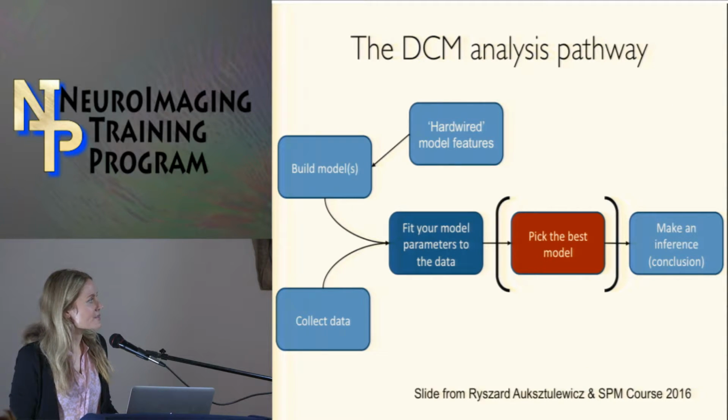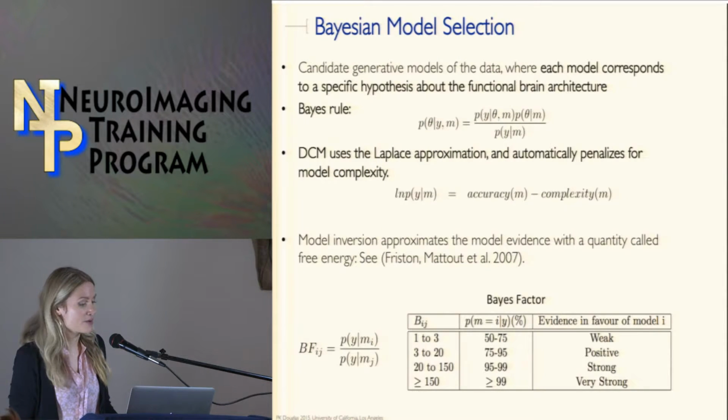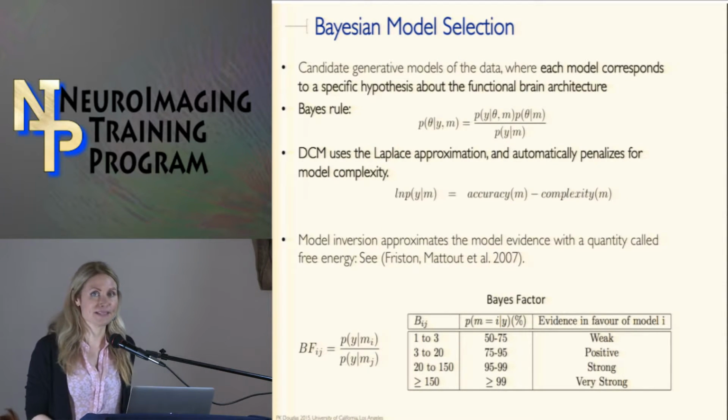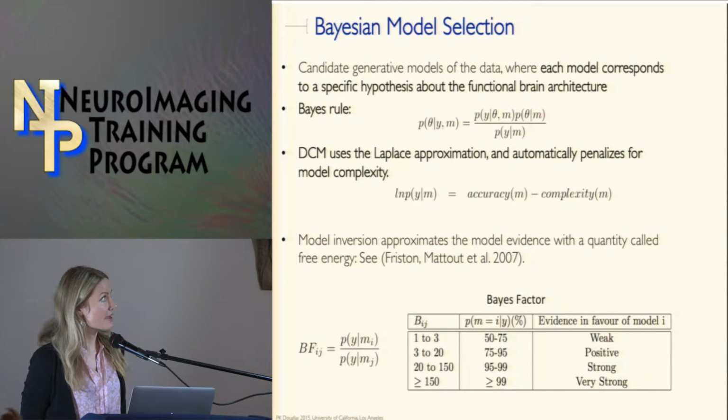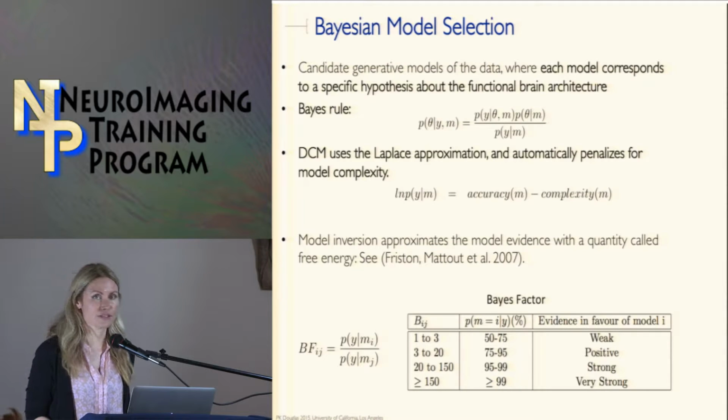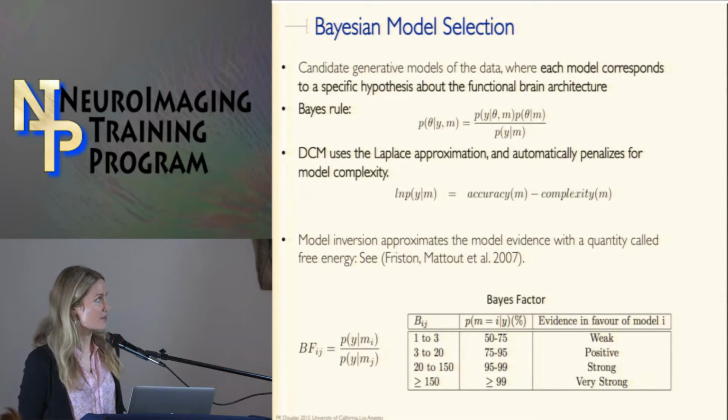So then the last step is picking the best model. Ariana has already talked about the Bayesian model selection procedure, but essentially you're trying to choose the model that describes the data as best as it can without additional complexity. So choosing the model that best describes the data while also considering the complexity term.